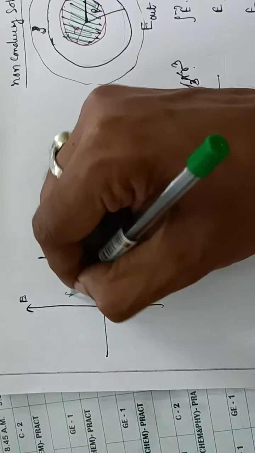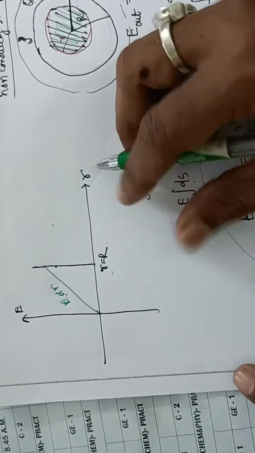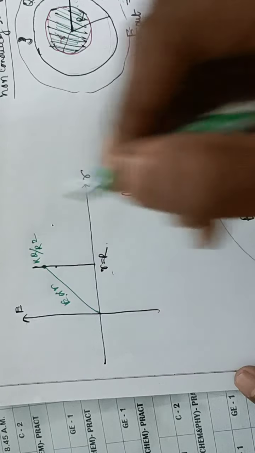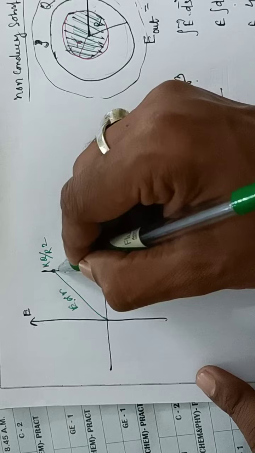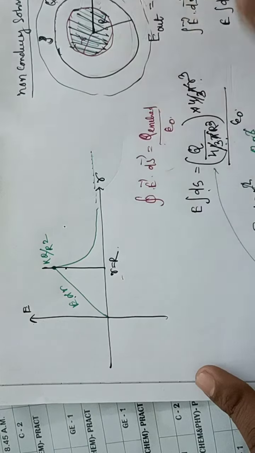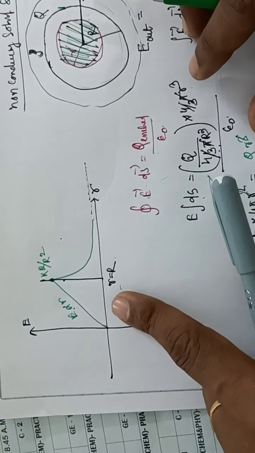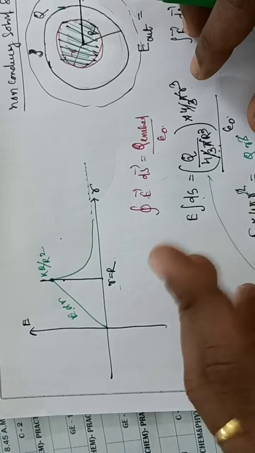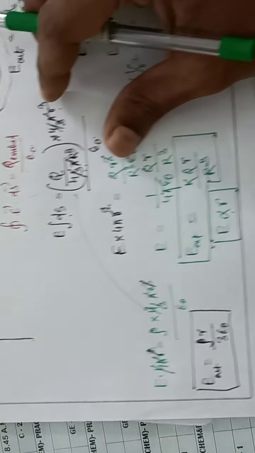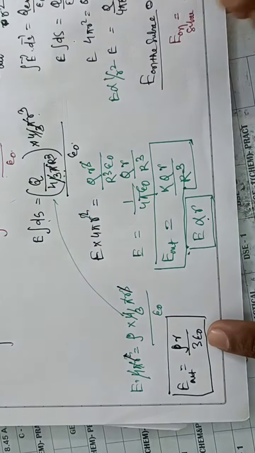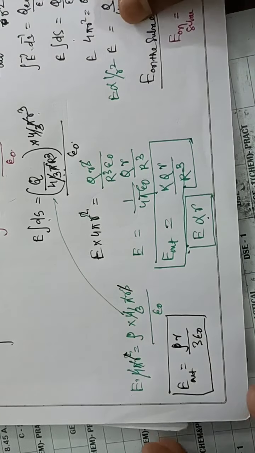At the surface the expression is kq upon capital R squared. After that it goes like this and comes to 0 at infinity. In case of a hollow sphere there will be no electric field inside, but in case of a solid, the expression is kqr upon R cubed or rho r upon 3 epsilon naught. These are very standard results a student has to remember.